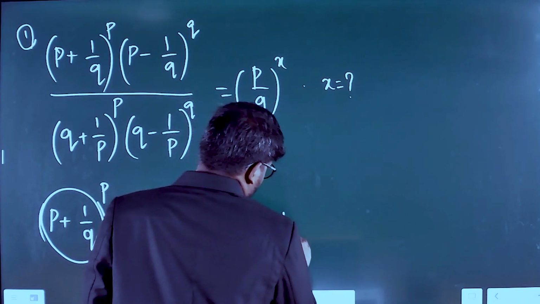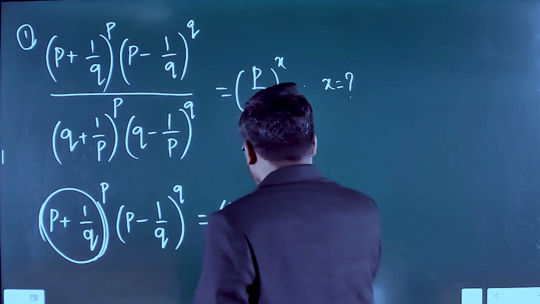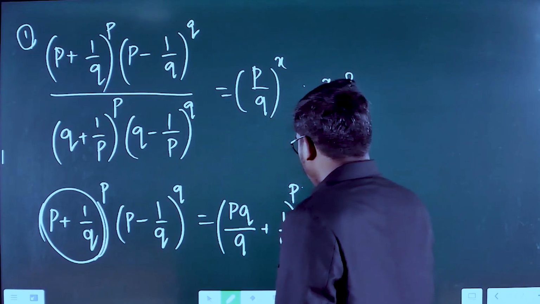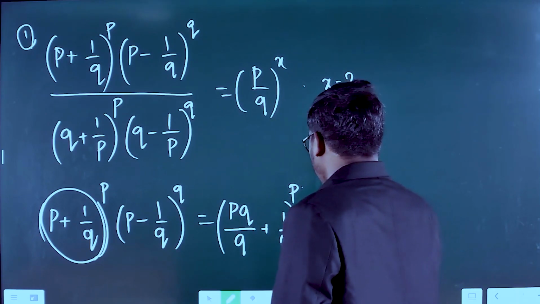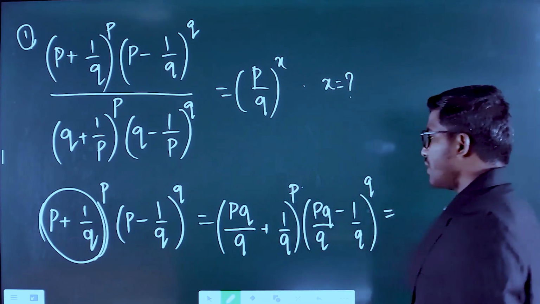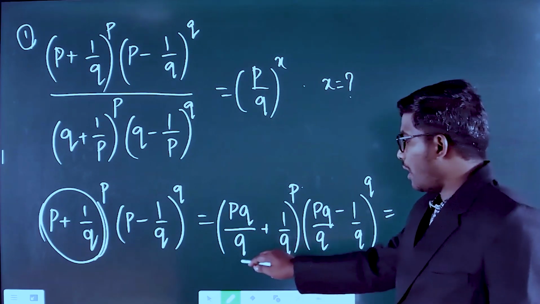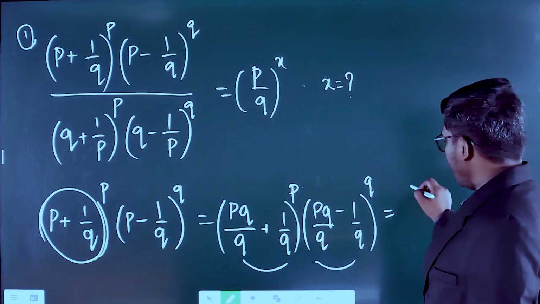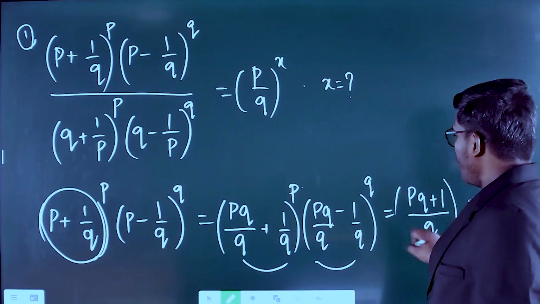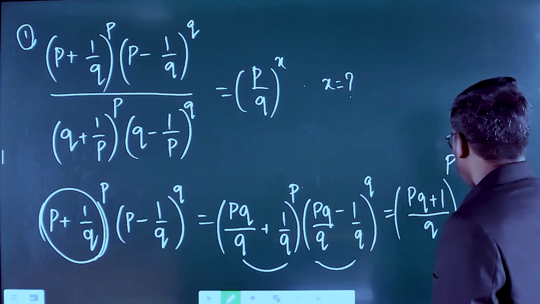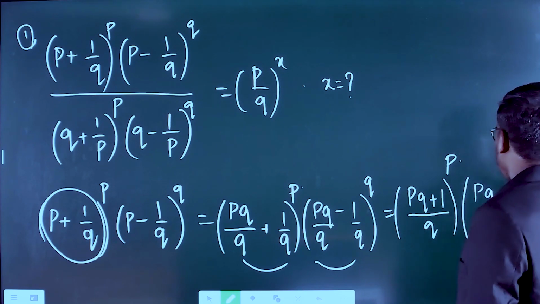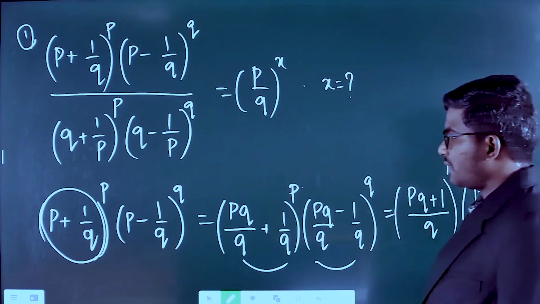Plus 1 by Q whole power P. Similarly, the next P, I should write it as PQ by Q minus 1 by Q whole power Q. Since we now have a common denominator, we can write them together. PQ plus 1 by Q whole power P into PQ minus 1 by Q whole power Q. Right?